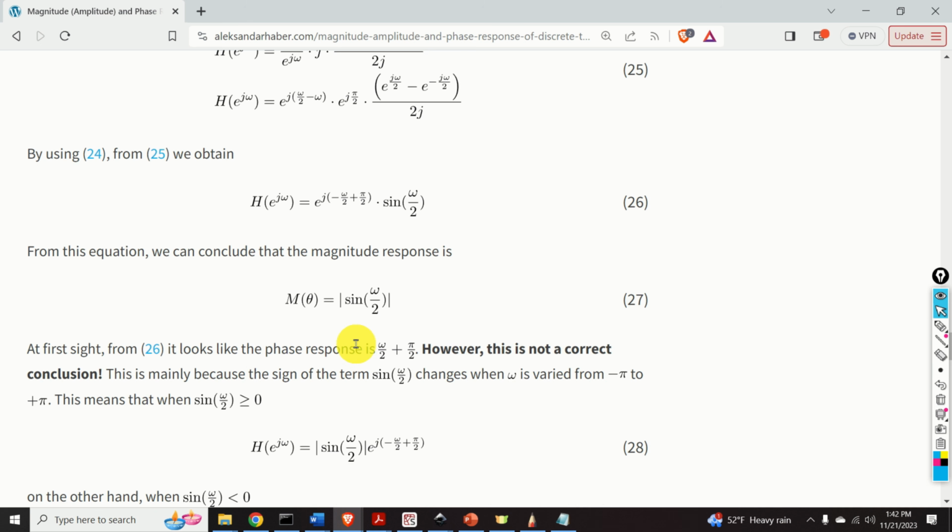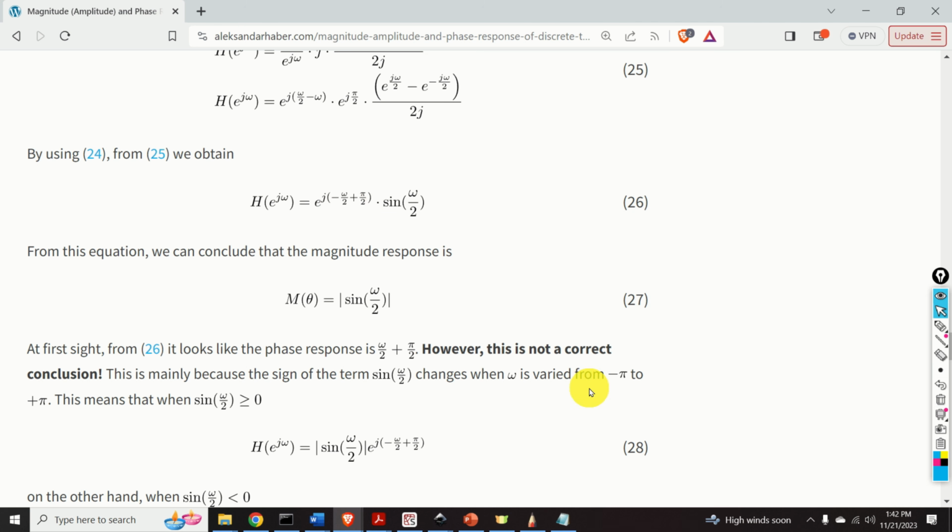From this equation, we can conclude that the magnitude response is actually given as the absolute value of sine of omega over 2. And this is the magnitude response. Now, at first sight, from this equation, it looks like the phase response is simply pi over 2 minus omega over 2.